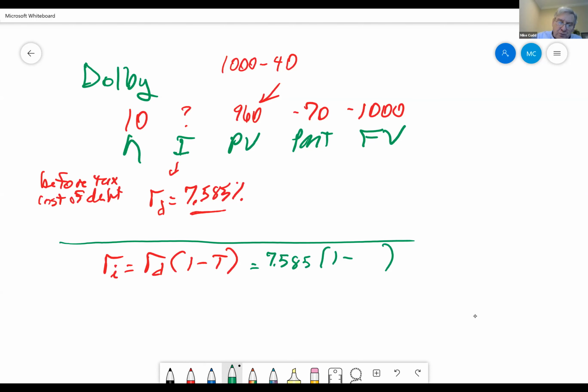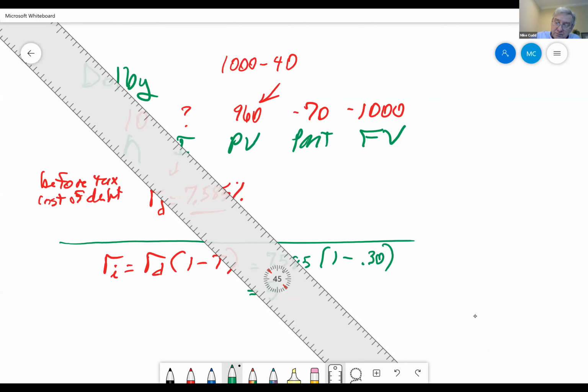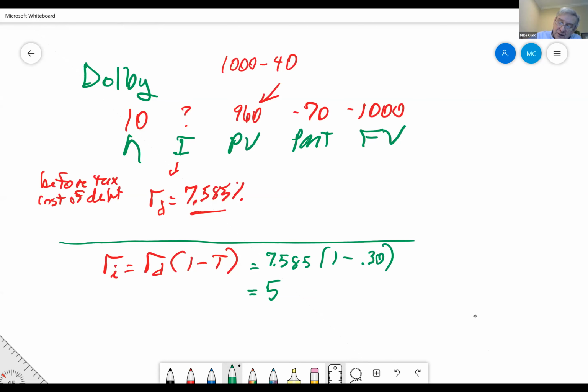And what was Dolby's tax bracket? 30? So the after-tax cost of debt, I got 5.31. Did anybody get that figure?